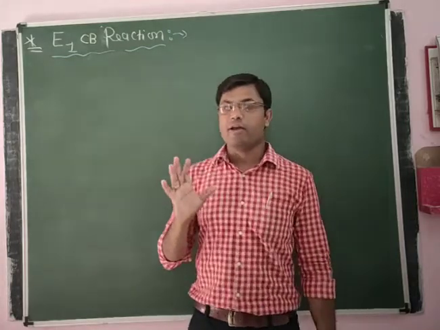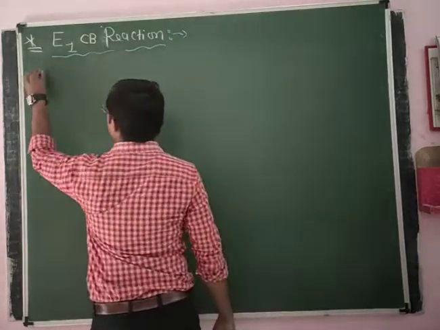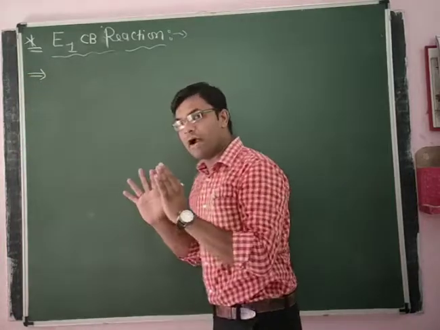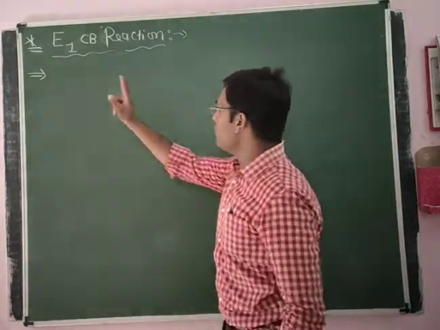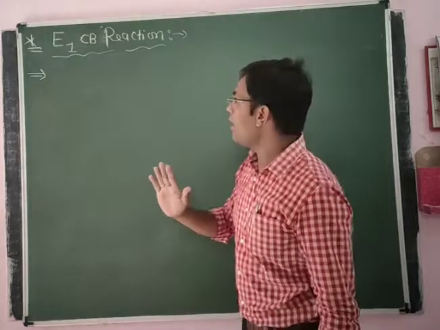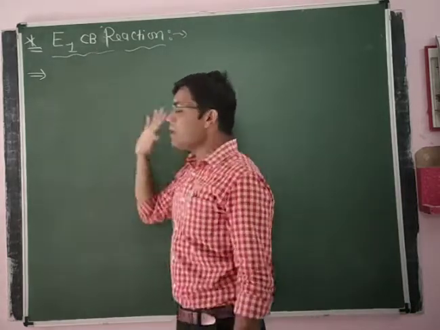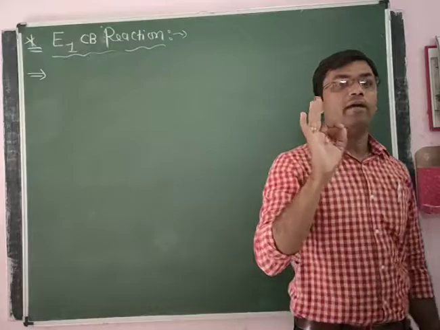What is the full form of E1-CB reaction? It is one kind of elimination reaction, and 1 means unimolecular. But in this case, CB means conjugate base.